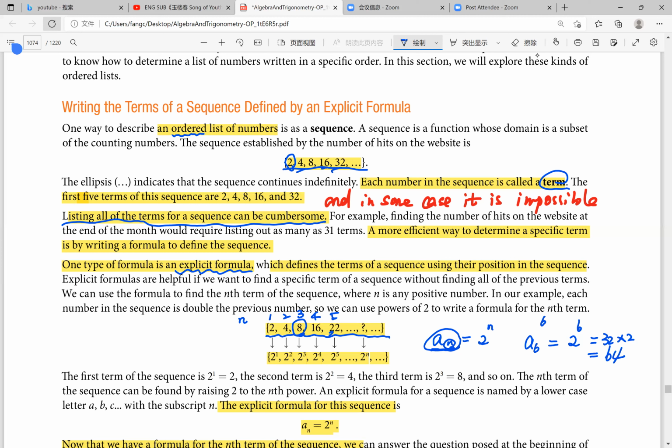So now we see the advantage of an explicit formula. As long as we have an explicit formula, we can find any term of a sequence. So next.